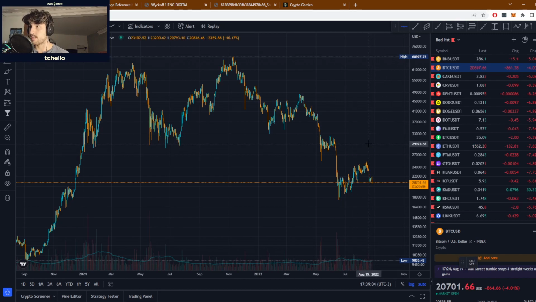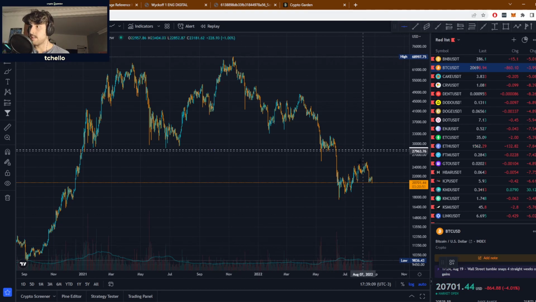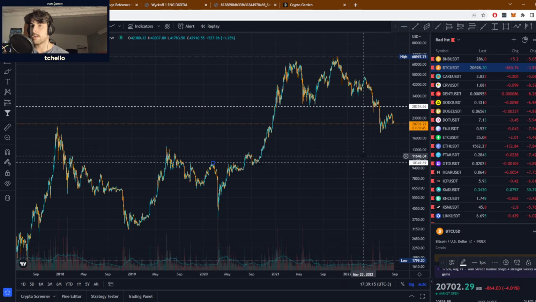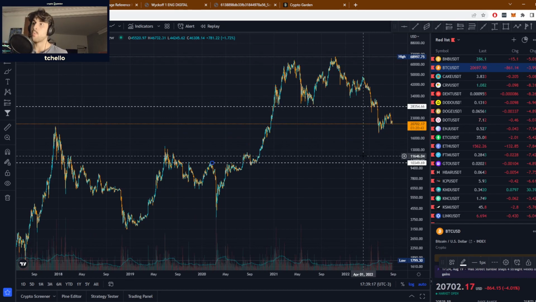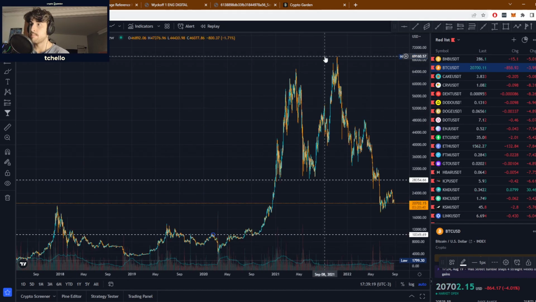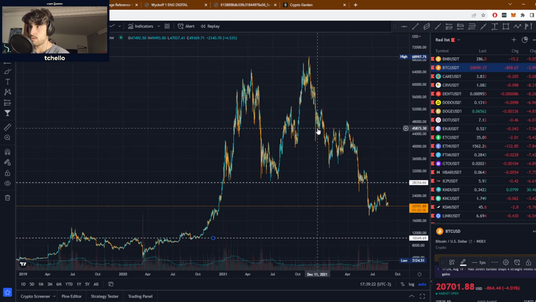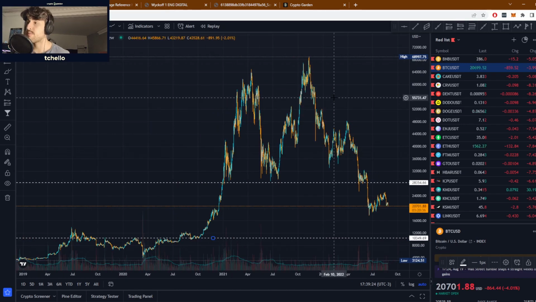Okay. But basically, this range here from, let's say, about 28K all the way down to maybe 12K, 10K, even here. It is really a wide range, but this really, really wide range is the best range possible for accumulating your Bitcoin. Okay, this is not investment advice.